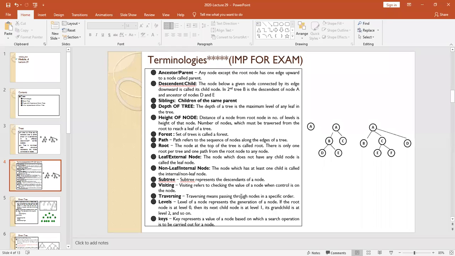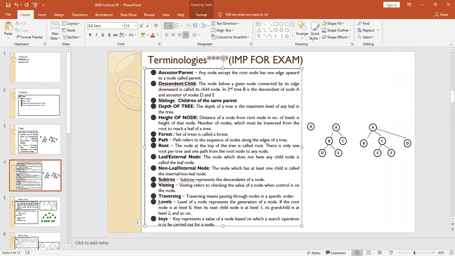There are three traversal techniques that we will see, but go with the definition here: passing through nodes in an order. There are three types of traversing: pre-order traversal, in-order traversal, post-order traversal, that we will see in the next coming classes.